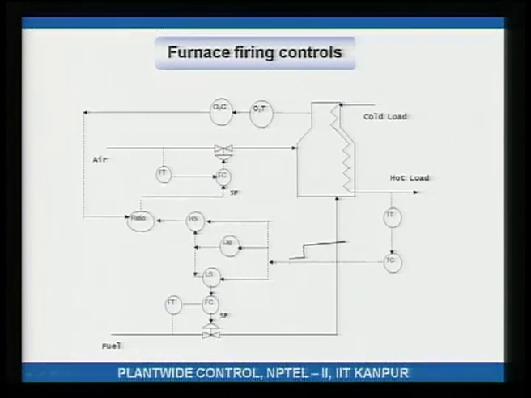So, the temperature controller is saying, give me more heating. More heating means more air, more fuel. Now, what you do is, this step is sent to a lag. When you send it to a lag, the output of this lag would be something like an exponential rise.